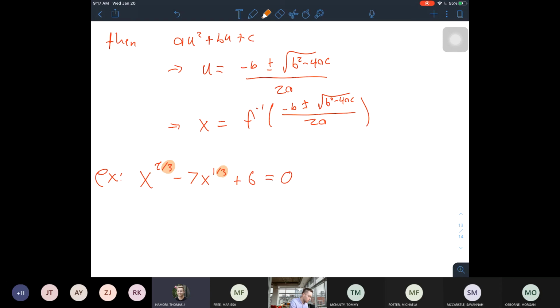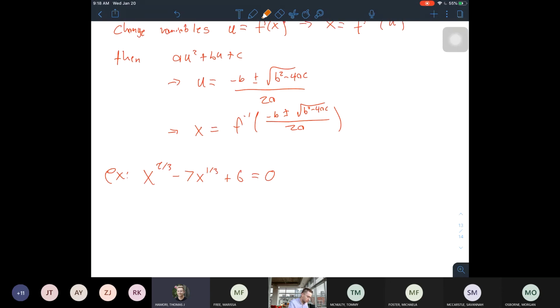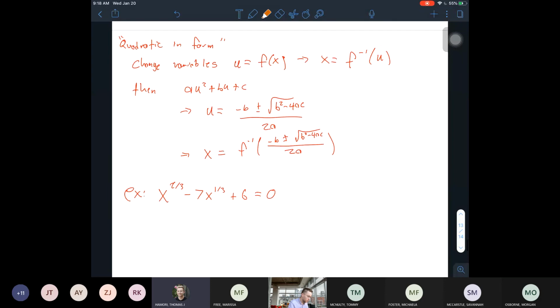So the game we play here is to do what we call a change of variables. We get a new variable u, which is going to make this equation into a times u squared plus b times u plus c.